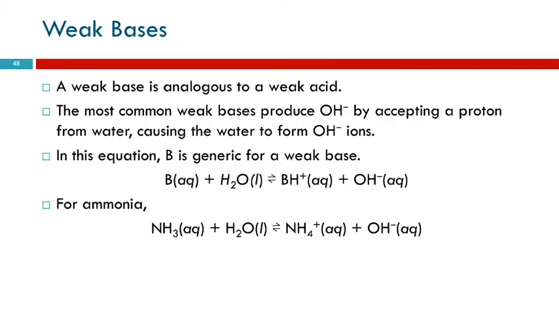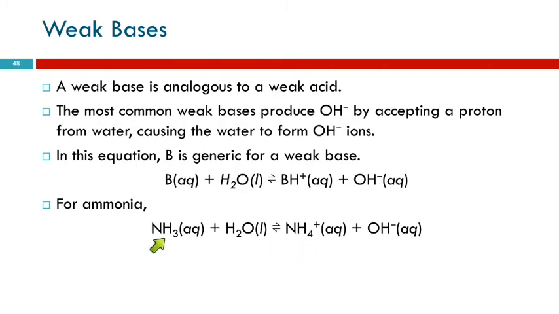Weak bases are like weak acids. The one that you need to know about is ammonia. Ammonia is a weak base. It will react with water and accept a proton from water, but it only does that a little bit.